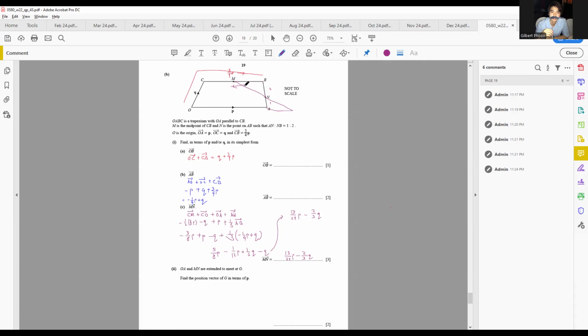First of all, the question wants the position vector of G, right? So they want OG. To find OG, you know it's OA plus AG here. So you really want to find the length of this small part.